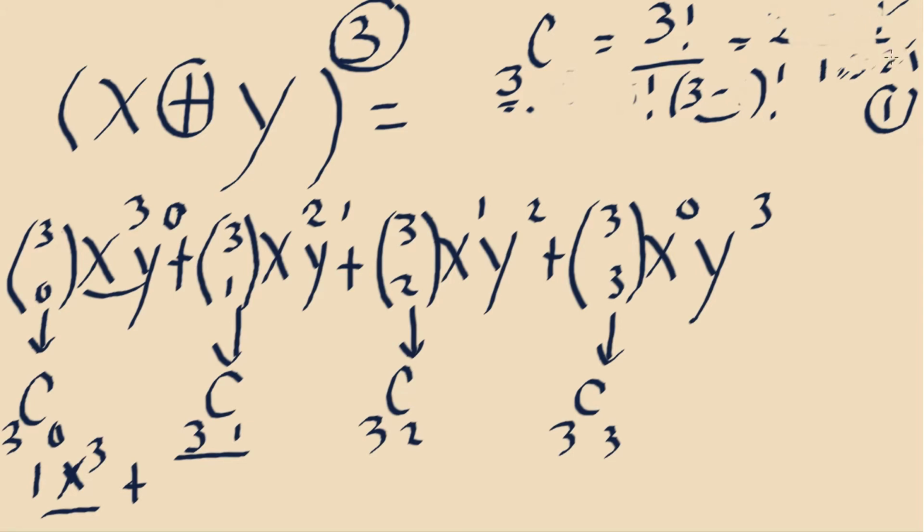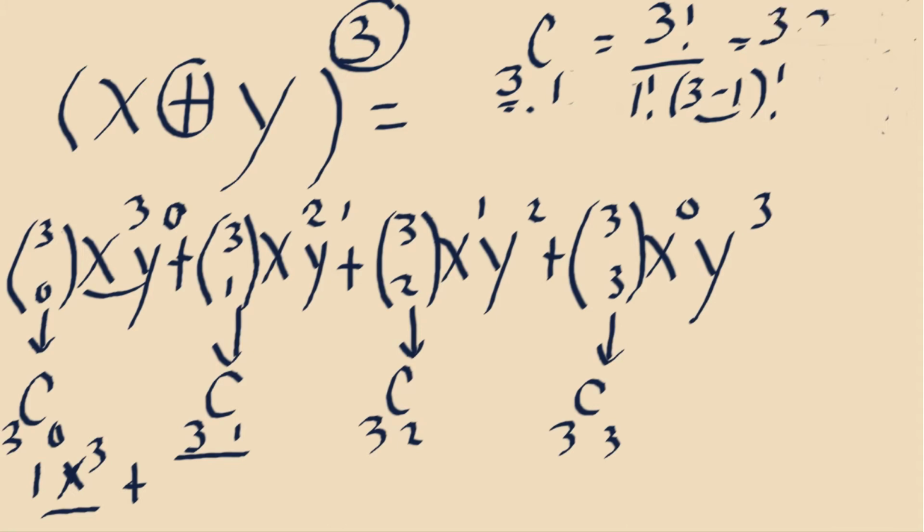Combination of 3 taken 1 is going to be equal to 3 factorial over 1 factorial times 3 minus 1 factorial.